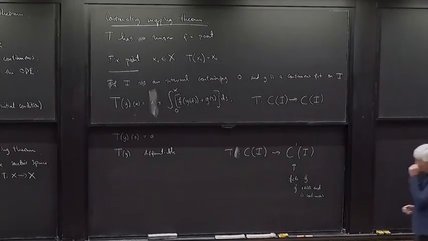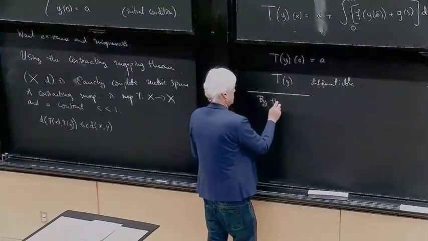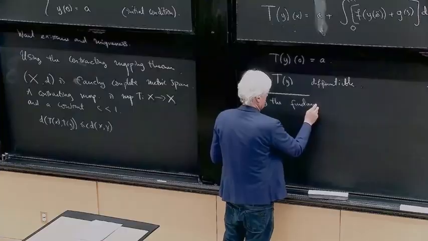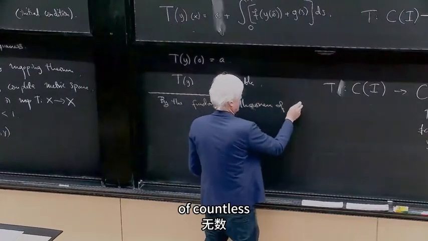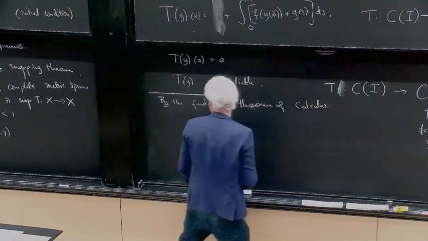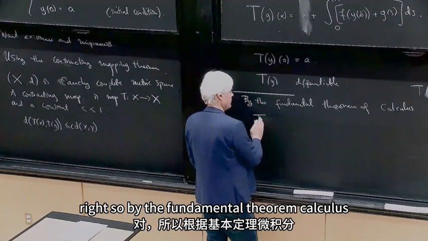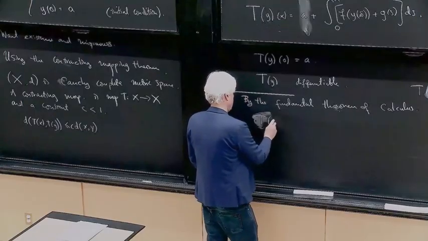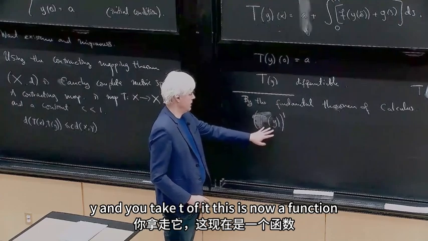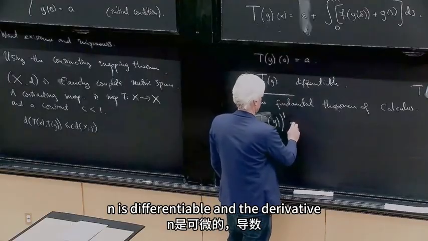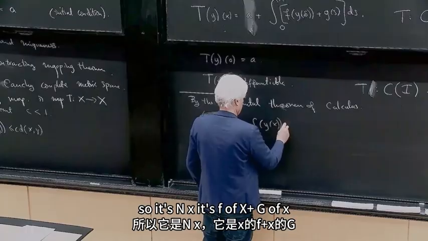What we saw last time was that by the fundamental theorem of calculus, if you take y and take T of it, this is a function that is differentiable, and the derivative at x is f of y of x plus g of x.